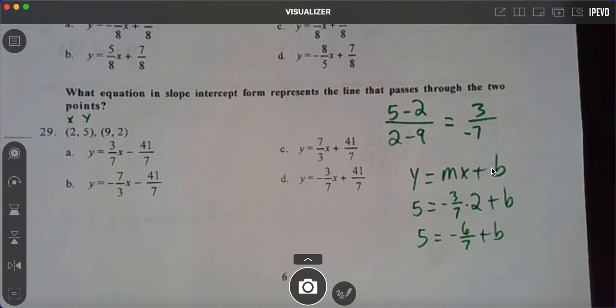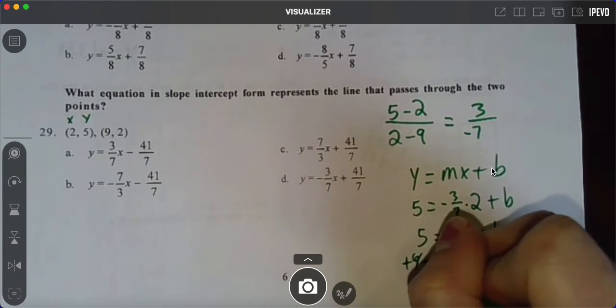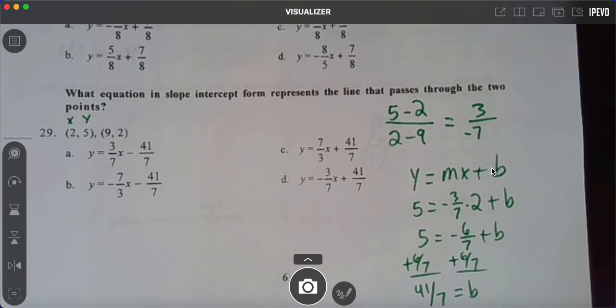You just multiply the numbers. Then what do I do to solve for b? Add 6/7. Your calculator does that for you. You would just type in 5 plus, and I like to put mine in parentheses, 6 divided by 7. When I press enter, it's going to give me 41/7. That's your y-intercept. So 29 is D.